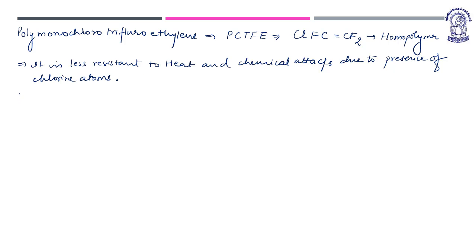Then polyacrylonitrile or PAN. It is a polymerized product of vinyl cyanide.